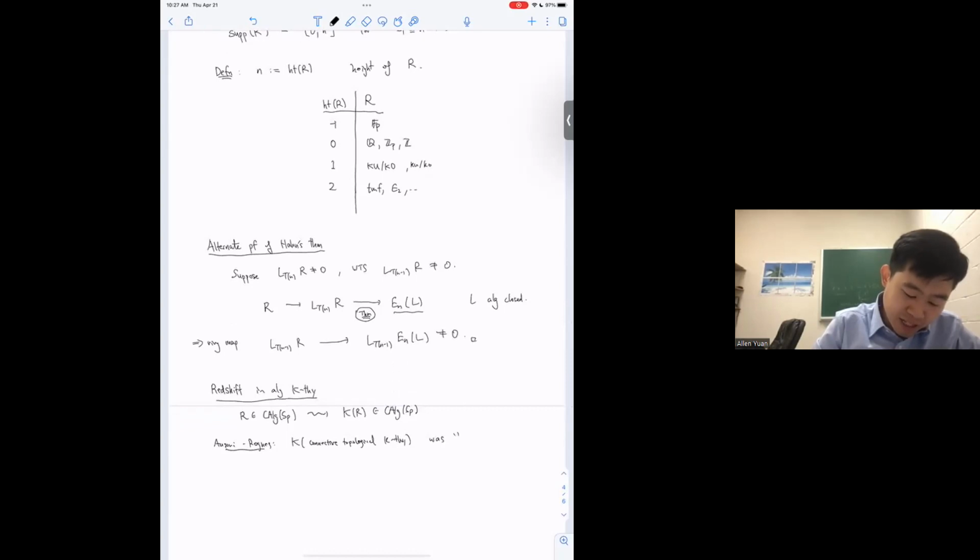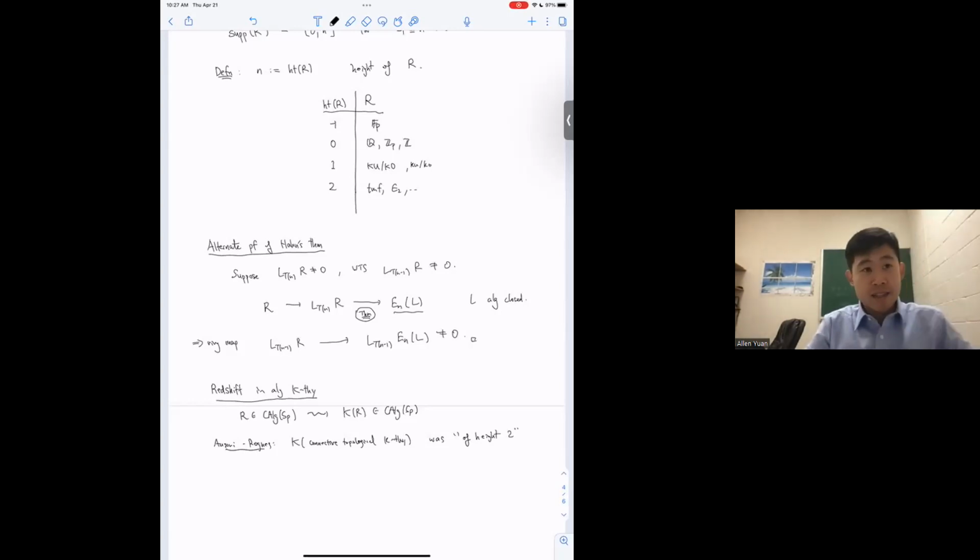And they realized that this K-theory, when you plugged in a height 1 object like connective topological K-theory, was sort of height 2. And they had many more specific things that they were able to say about it, like real computational things. And they proposed what's now called the chromatic redshift conjecture.